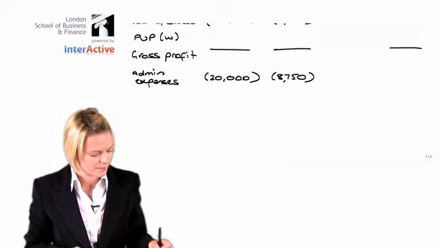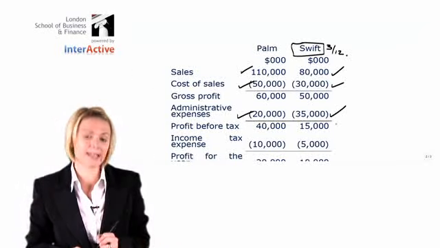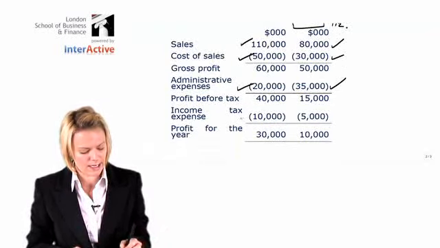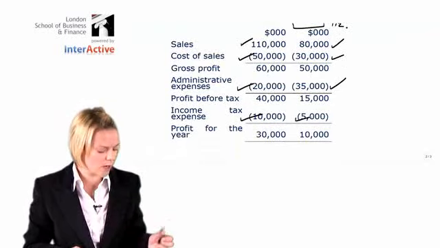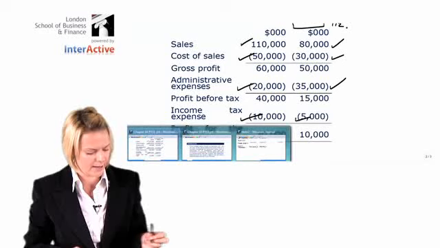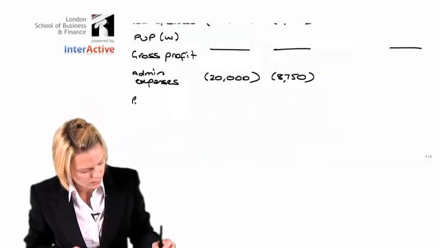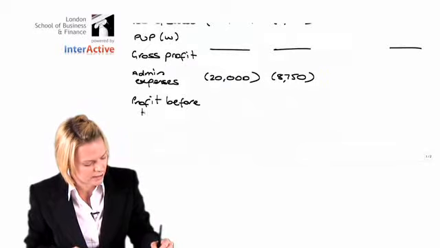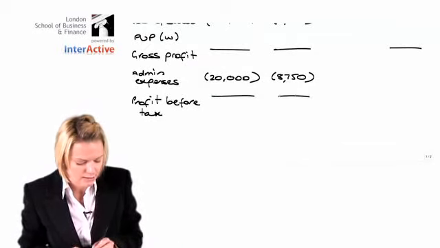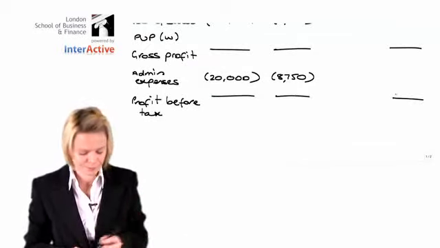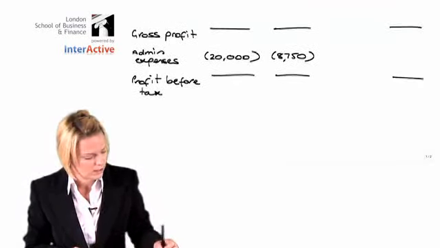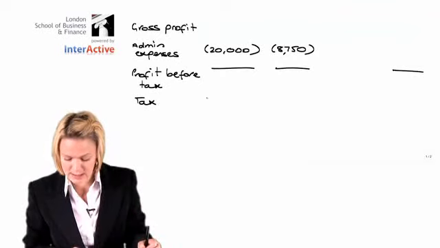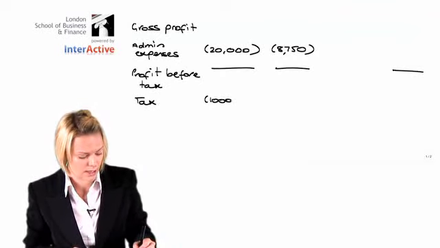Next line then. Profit before tax. And whilst we're here, let's consolidate the tax expense as well to get profit for the year. So, profit before tax, you don't consolidate, just merely cast down. The tax expense is an expense and you consolidate that.